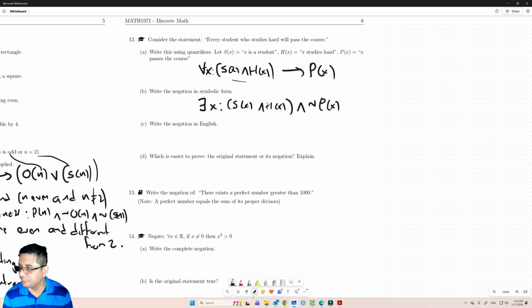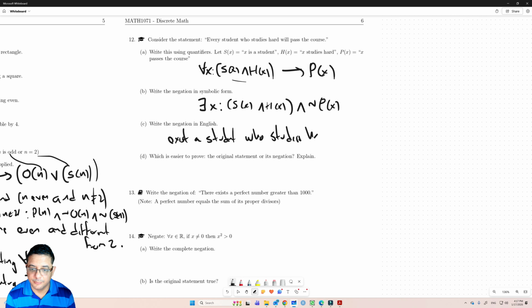So this means that there is a student who studies hard and will not pass the class. This is what it symbolically means.